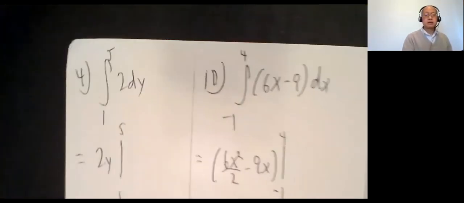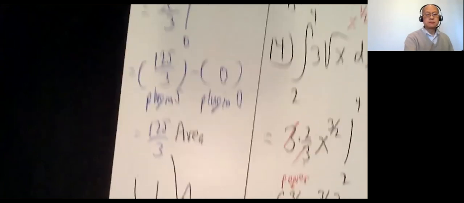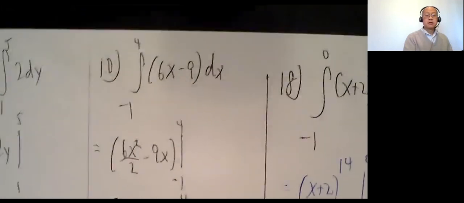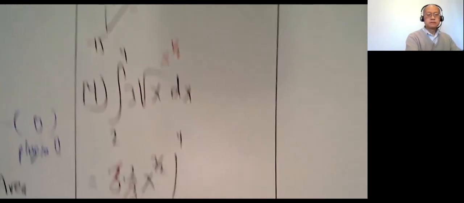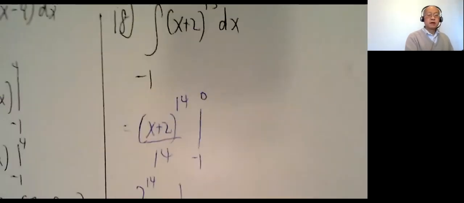Okay, and then the back side. Why don't I just go one column at a time?